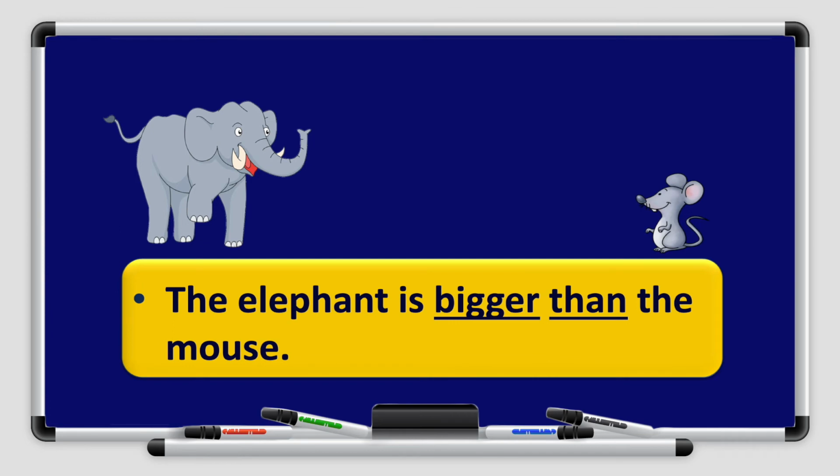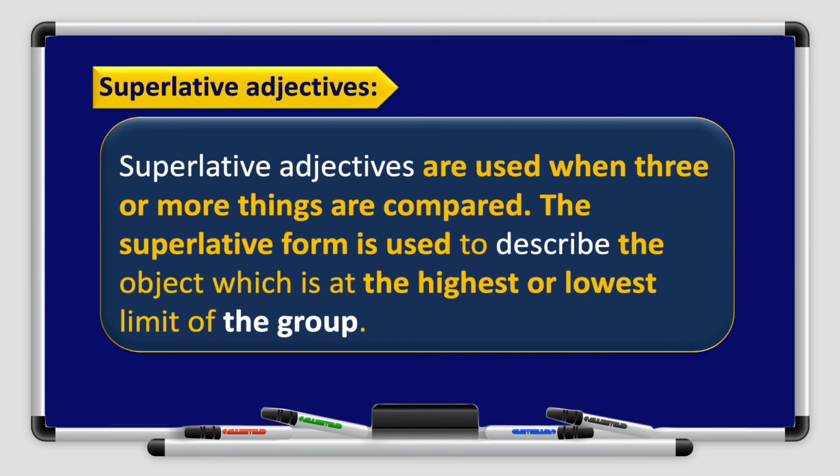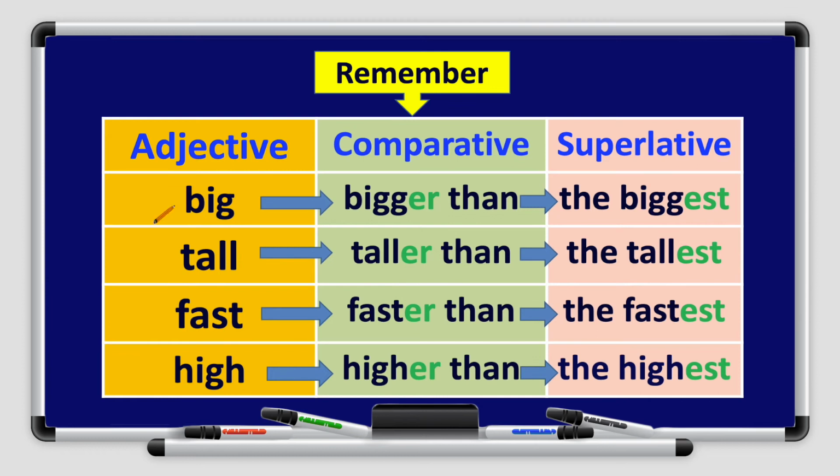Excellent, boys and girls. Now, superlative adjectives. Superlative adjectives are used when there are three or more things to compare. The superlative form is used to describe the object which is at the highest or lowest limit of the group. Examples: we have the adjective big.